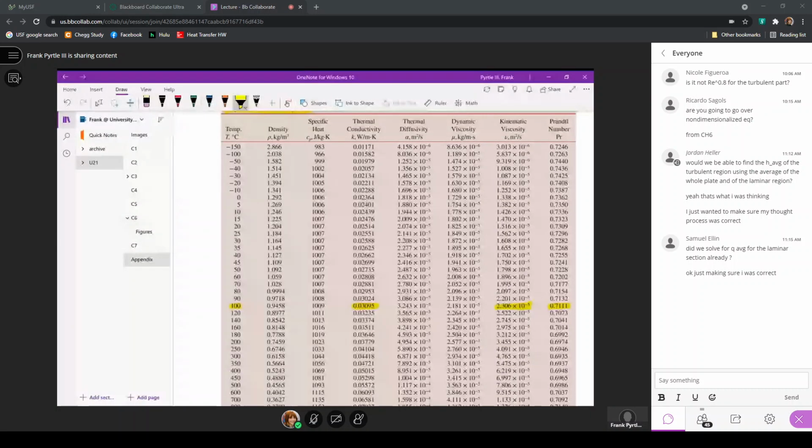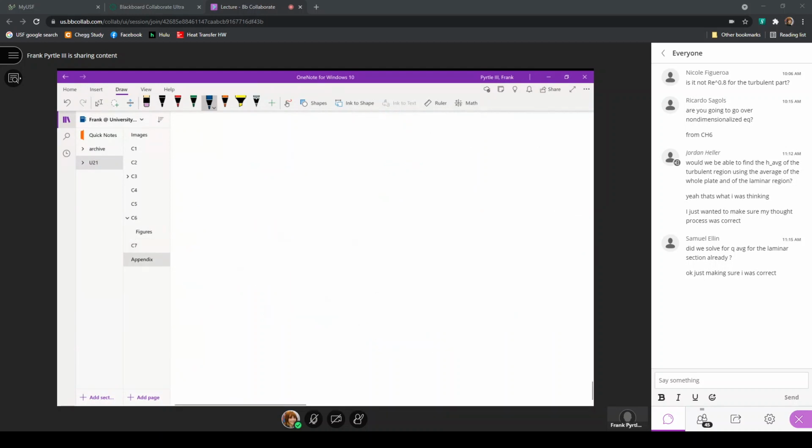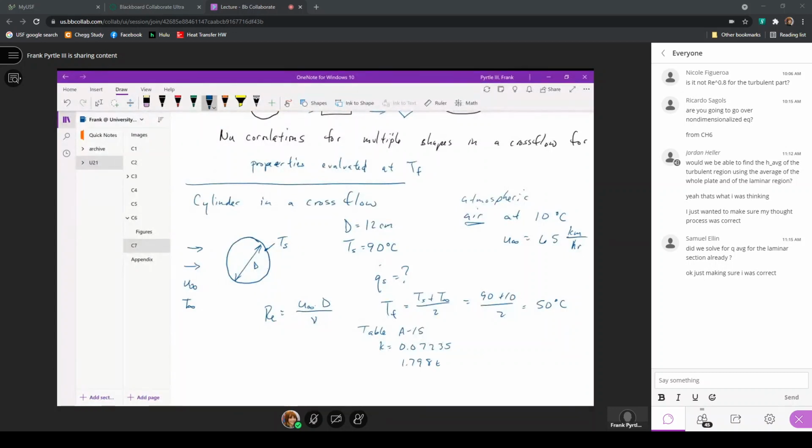So for 50 degrees, we need the thermal conductivity, the kinematic viscosity, and the Prandtl number. We can use those quantities: 0.02735 watts per meter Kelvin for the thermal conductivity, 1.798 times 10 to the minus 5 meters squared per second for the kinematic viscosity, and 0.7228 for the Prandtl number.